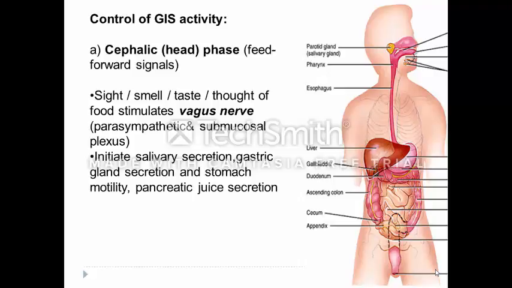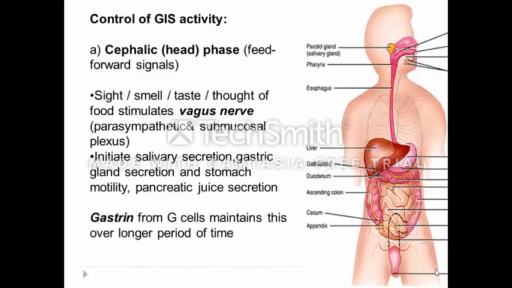This initiates salivary gland secretion, gastric juice secretion by the gastric glands, and stomach motility in anticipation of the arrival of food, and it also stimulates pancreatic juice secretion. This impetus is maintained after the initial nervous system has died away by the hormone gastrin, which is secreted into the blood by the stomach G cells and reaches the other gastric gland cells shortly afterwards.